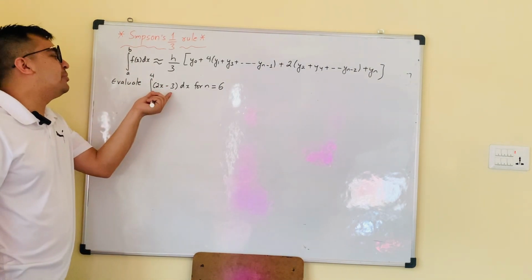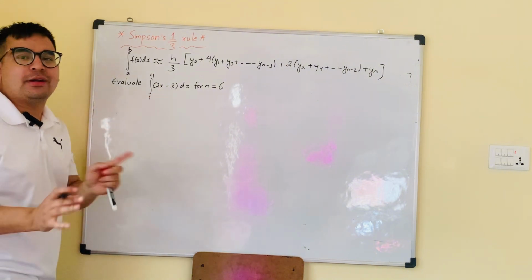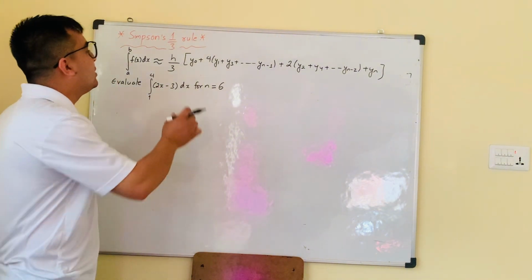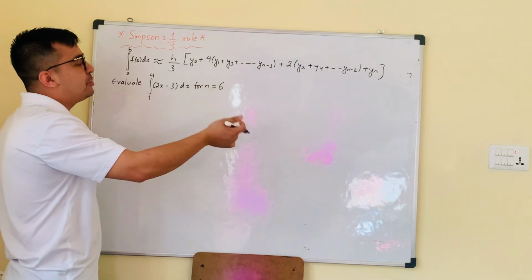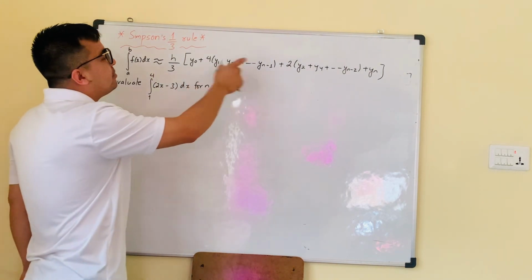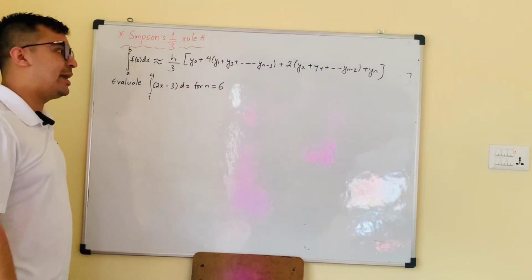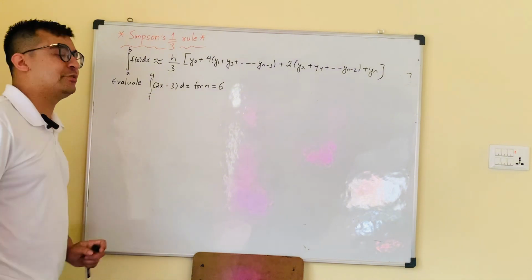We can easily calculate the value by the integration method, but today we are not allowed to do it that way. We have to find the value of this integral by putting the values in Simpson's 1 by 3 rule. That is what Simpson's 1 by 3 rule actually means.